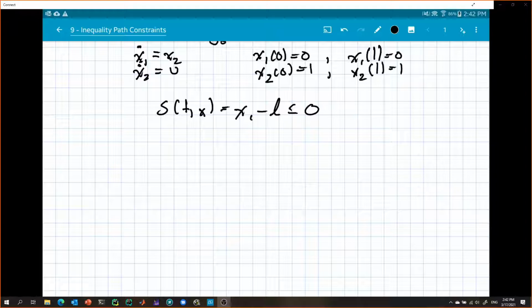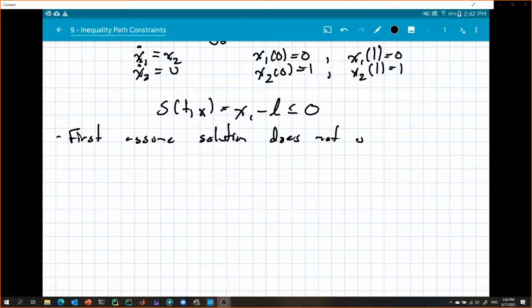Before we solve the constrained version, we're just going to assume that L is big enough that the solution doesn't violate the constraint. So first, assume the solution does not violate the constraint.